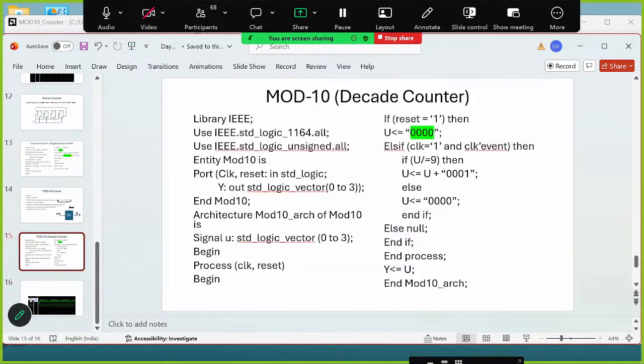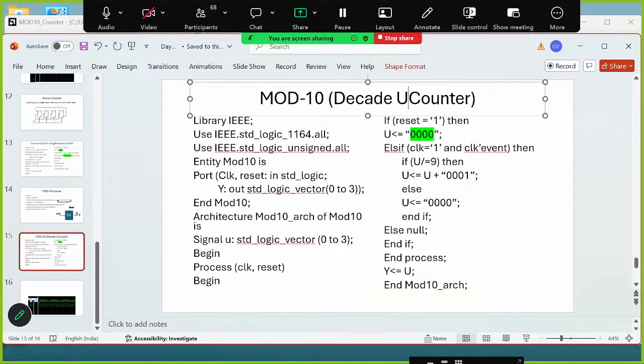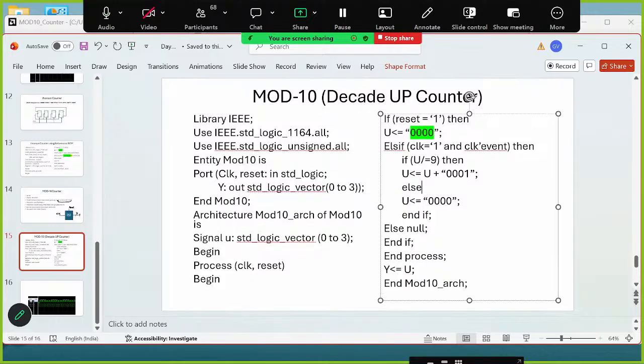So for a down count, what changes would you make? This is a decade up counter. If I would like to make a down count, then instead of starting it with the value 0000, you can start with the value 1001.